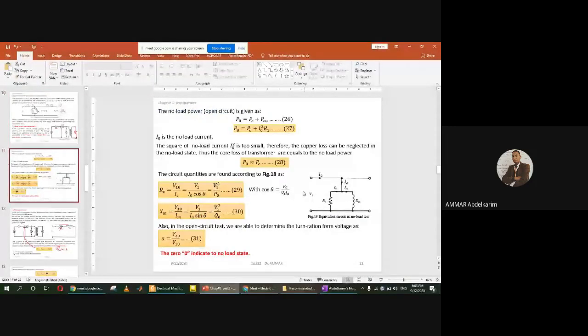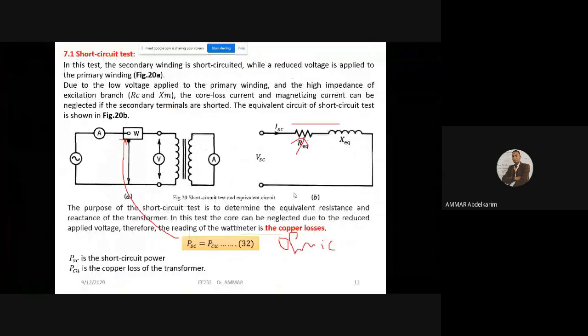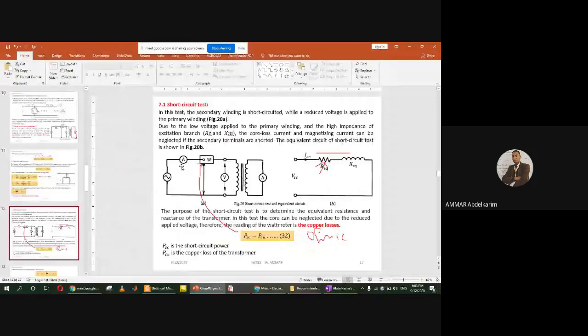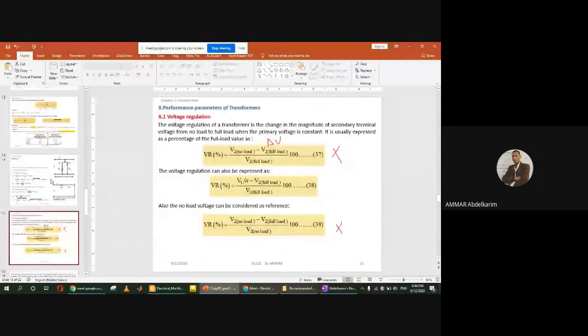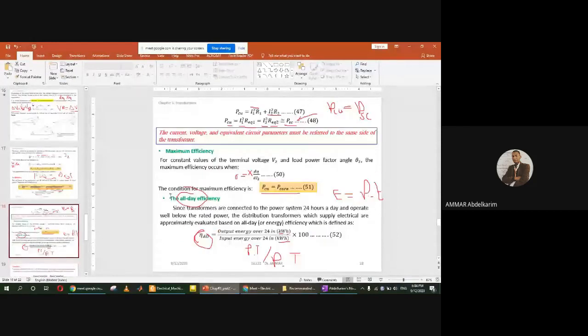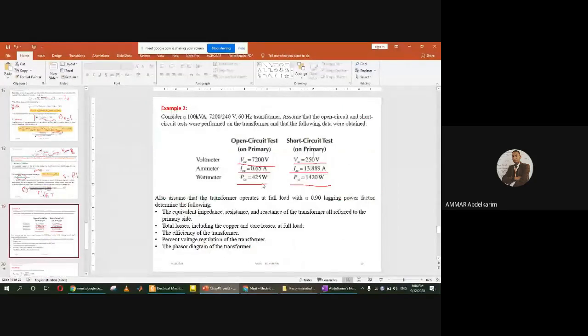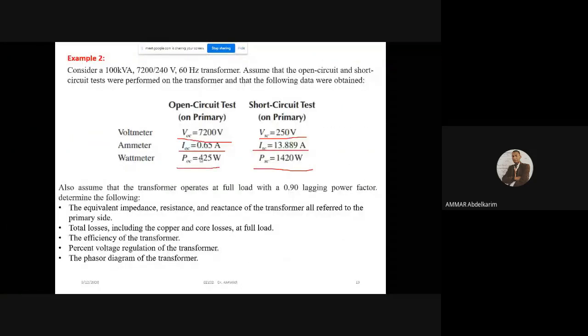Also in the short circuit test, we place our measurement devices in the primary, and in the secondary we place a meter or a wire. So those measurements are primary side measurements.